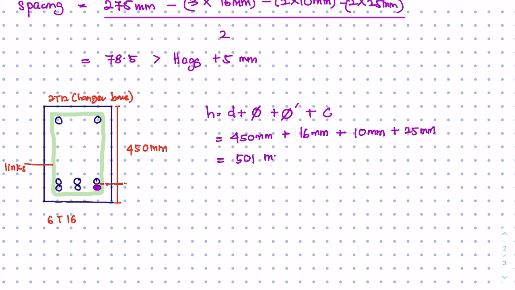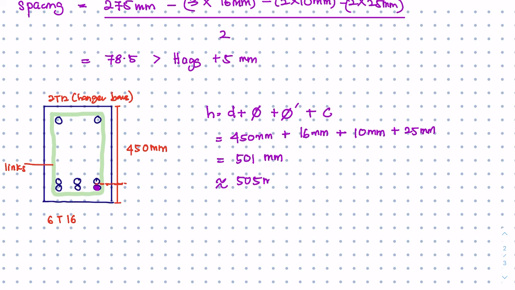501 mm total height. So 501, this is not a number yang okay, sebab kita takkan letak nombor 501, 502, 503. Kita tak sama ada kita tak belakang tu 5 atau kosong, sebab kita tak pernah cakap the size of the beam is 200 times 501. Tak ada kita cakap the size of the beam is 200 times with 510. Like that nombor dia genap ataupun 505. So I just round it up to 505.